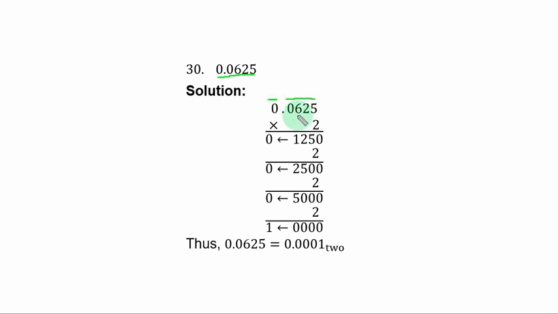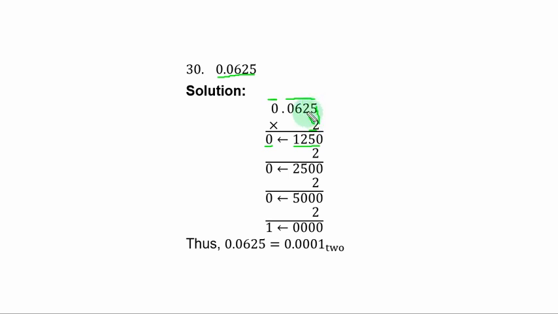So you multiply 0.625 by 2, you have 1250. The remainder is 0. This is what happened. You have 2 times 5 is 10. Put down 0, carry 1.